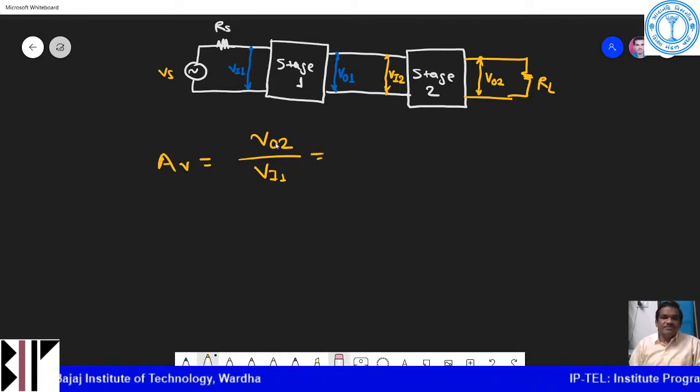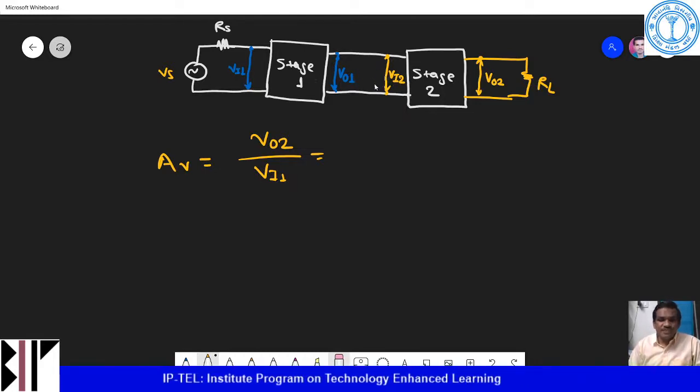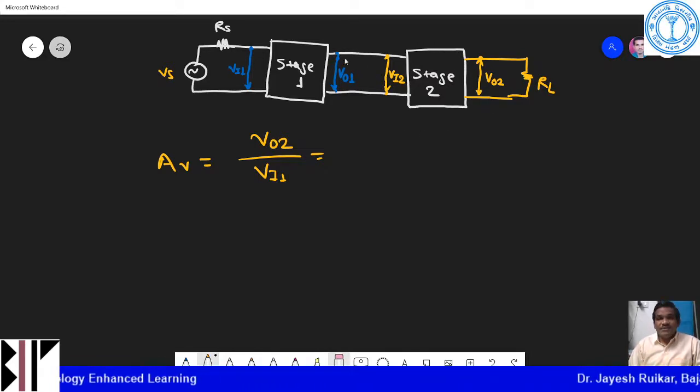But if you see VO2 by Vi1, here I have two stages, so I will define the voltage gain for the first stage and the voltage gain of the second stage. How do I define it?